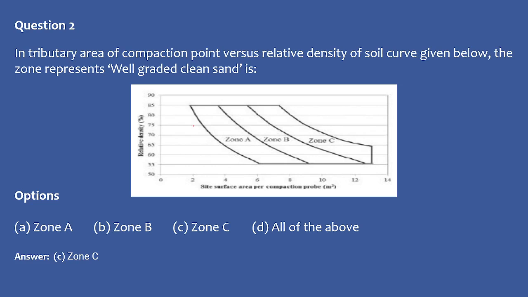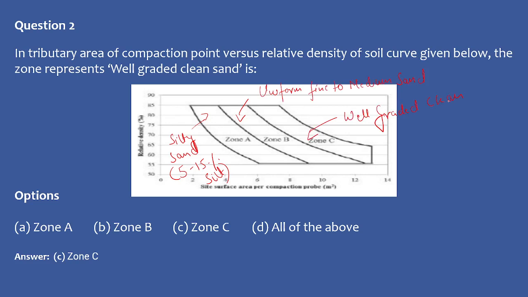Then we have zone B, which is uniform fine to medium sand, and then zone C, which is the well graded clean sand.